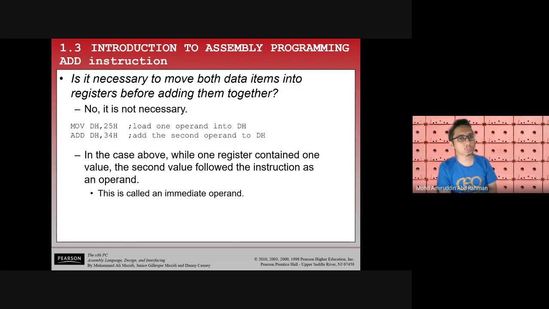So that's the difference between adding directly to the register and adding by moving first into another register and then adding that to another register. So that's another way to add the data. The case above is called the immediate operand.